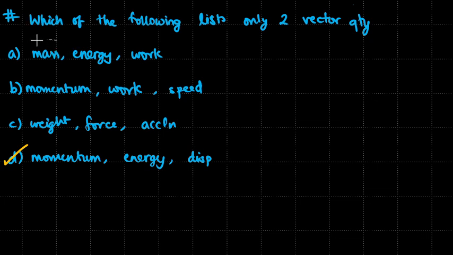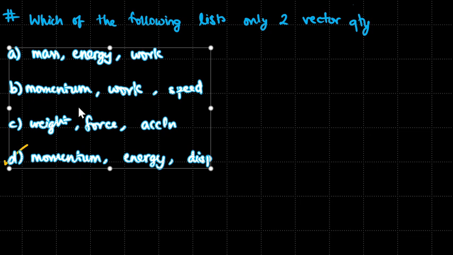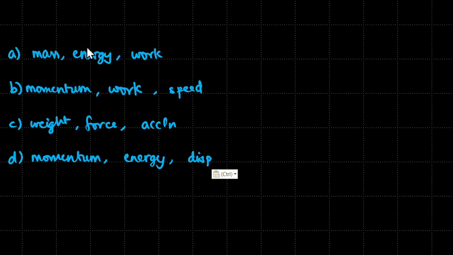So the obvious question next is why is it momentum? To understand, let's copy this and put it over here. I'm going to list what they are on top of them. Mass is a scalar, energy is a scalar, work is a scalar. We will talk about what they are very shortly.